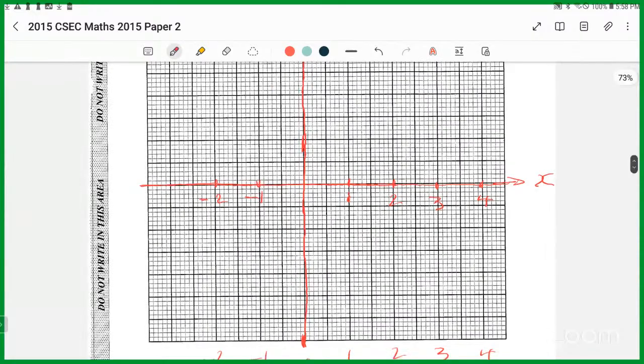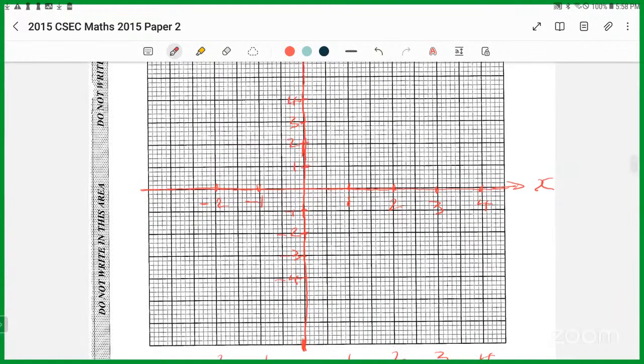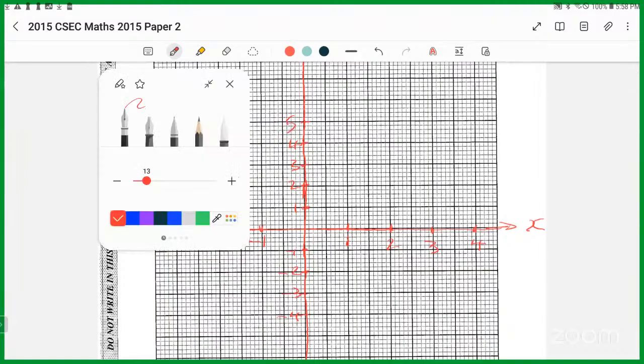So this is -1, -2, -3, -4, and then up here 1, 2, 3, 4, 5. That's what we have.